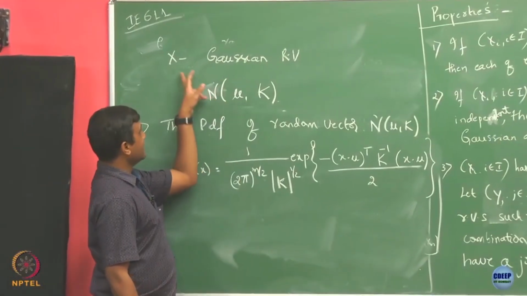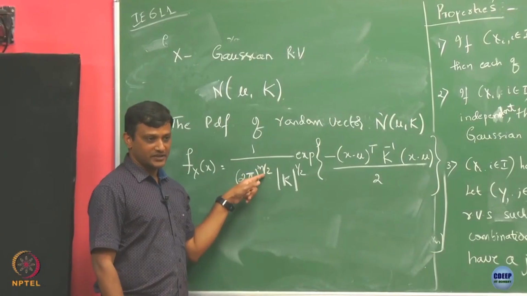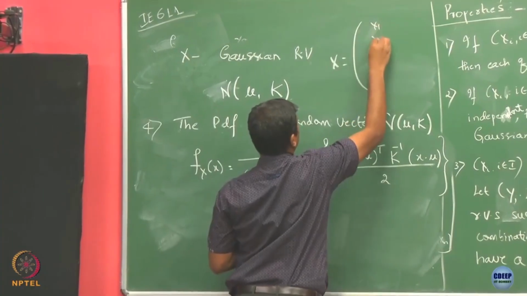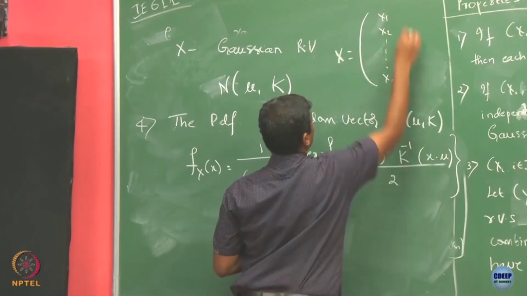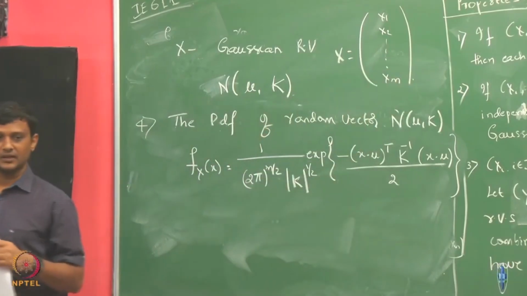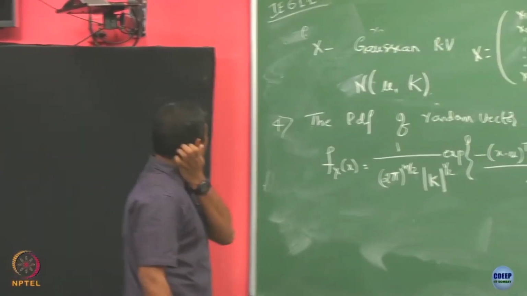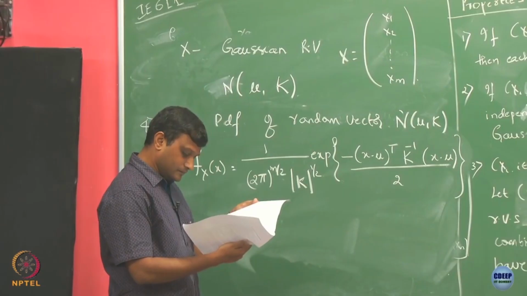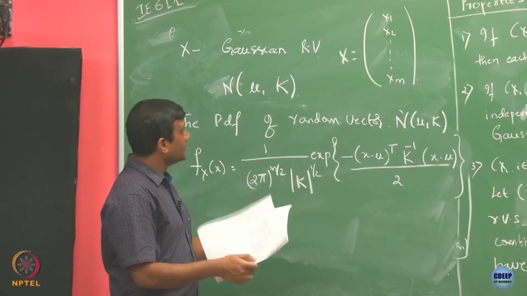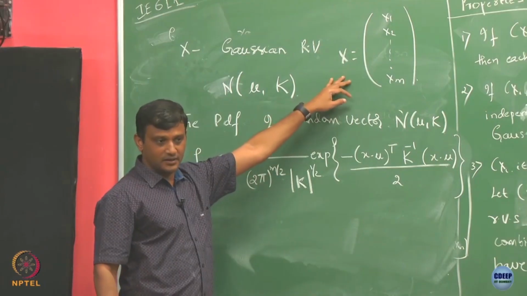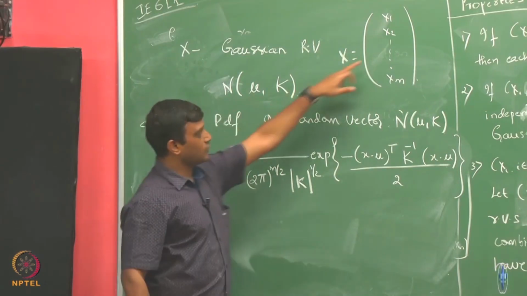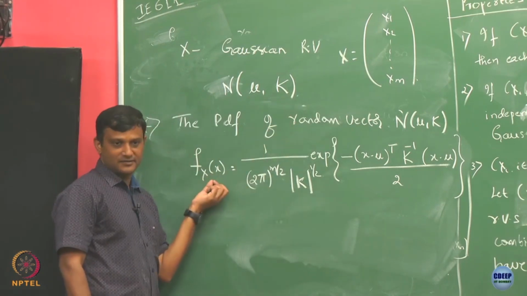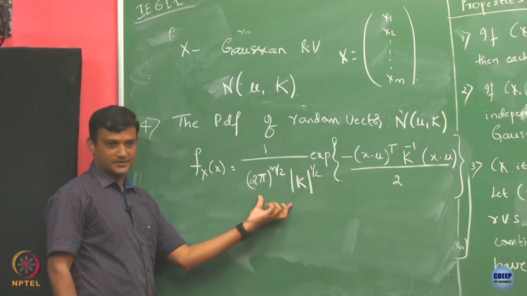I am assuming that this random vector x has m components. Just say that x is x1, x2 all the way to xm. So we said that this is a Gaussian random vector where the mean vector is mu and the covariance matrix is K. Now if that is the case, then one can write its density as this.